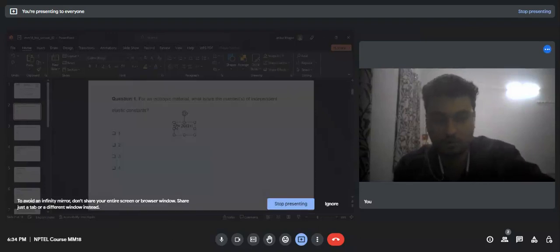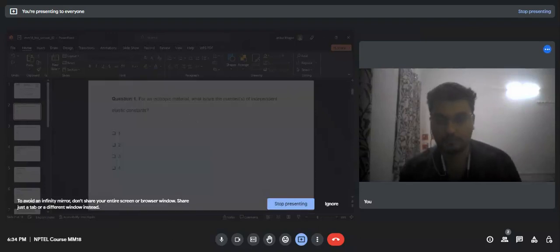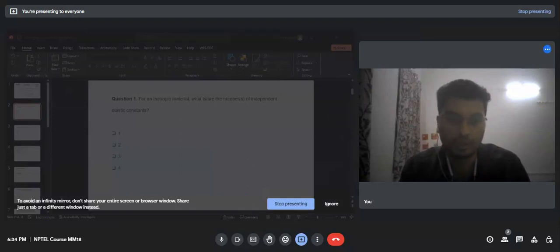I'll just write it down in presentation mode. So E is equal to 2G(1 plus mu).